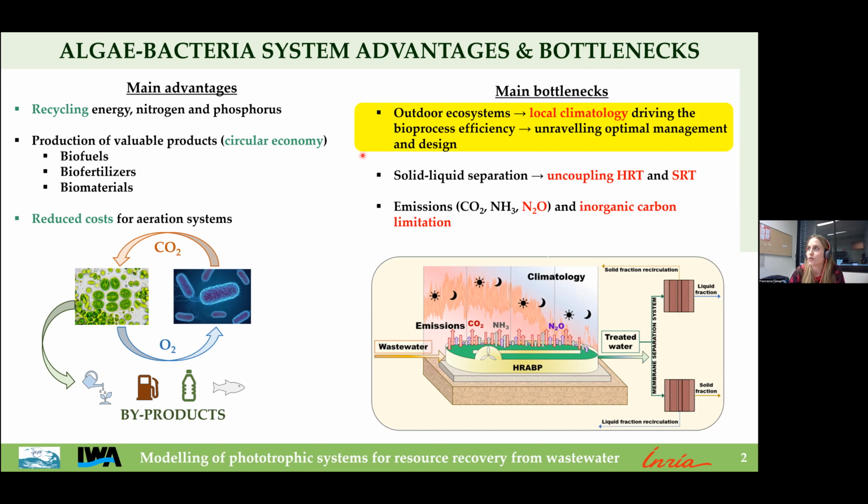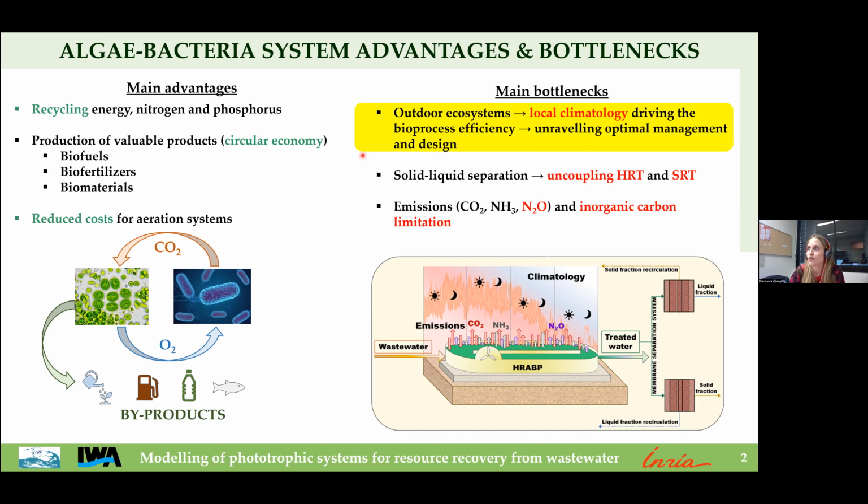Then there is the solid-liquid separation, when uncoupling the hydraulic retention time and solid retention time, to see if it's really worth it. And also emissions of different gases and inorganic carbon limitation conditions. And to understand how to deal with these bottlenecks, we are using mathematical models to try to solve them.